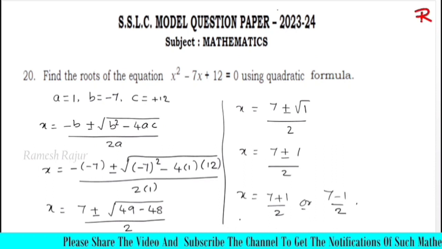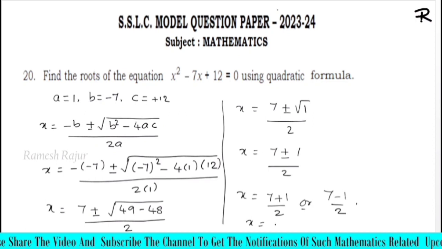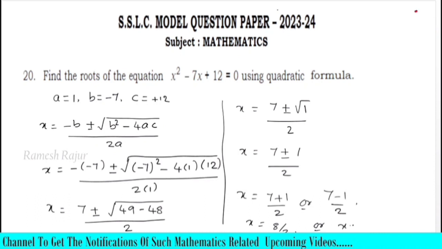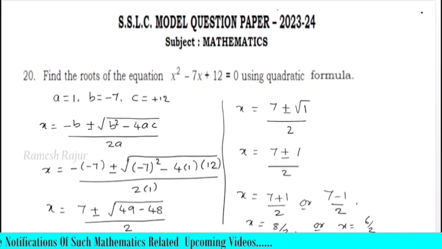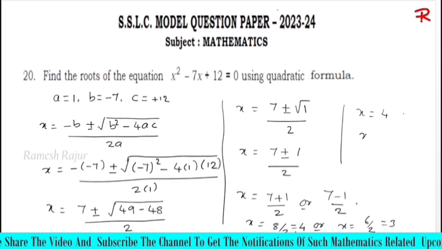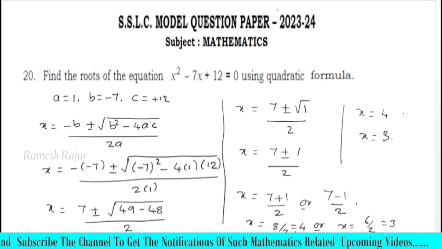That implies we have two roots here. x equals 8 by 2 or x equals 6 by 2. If it is 8 by 2, we get 4, and if it is 6 by 2, we get 3. Therefore, the roots are x equals 4 or x equals 3.